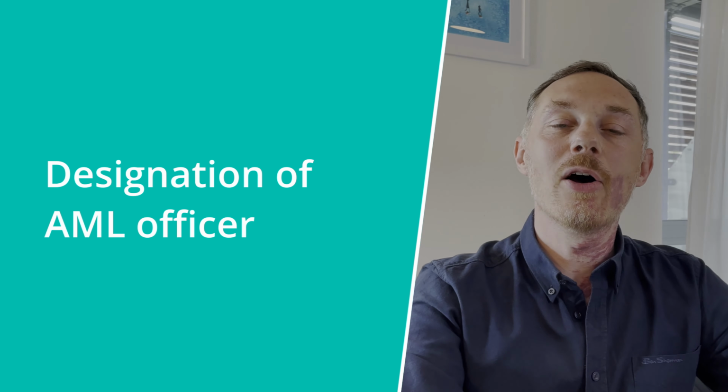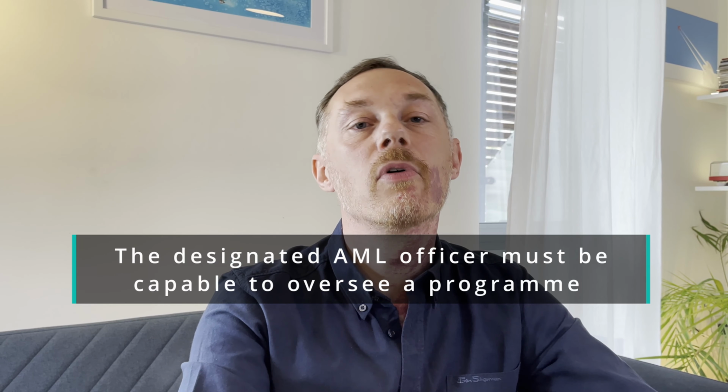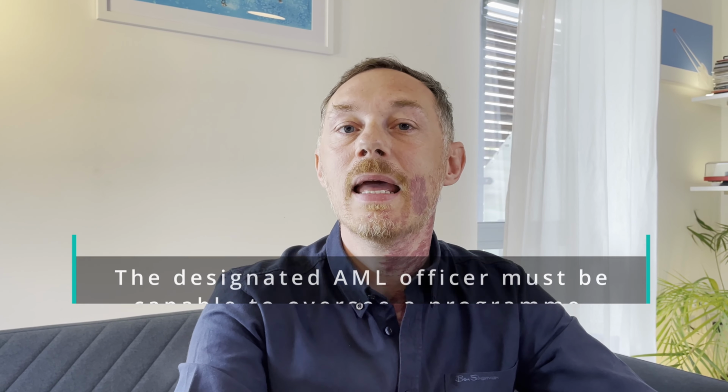The second pillar of an AML compliance program involves the appointment of an AML compliance officer to oversee the program. The chosen individual must be capable of overseeing the program for the institution, and the AML officer is not necessarily restricted to this role, so he or she could have additional responsibilities depending on the size and complexity of the firm.